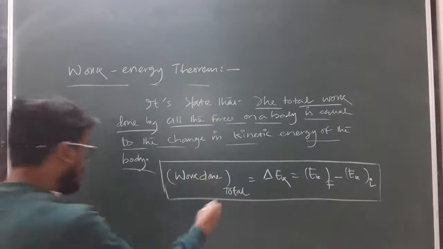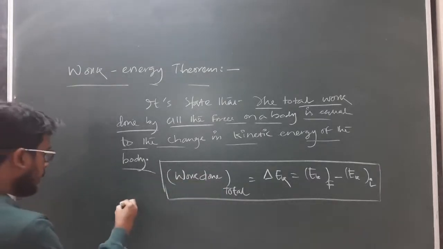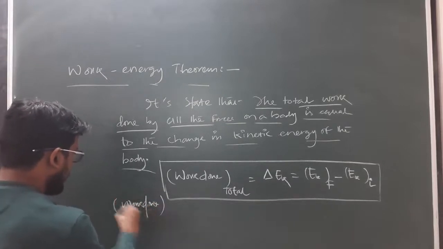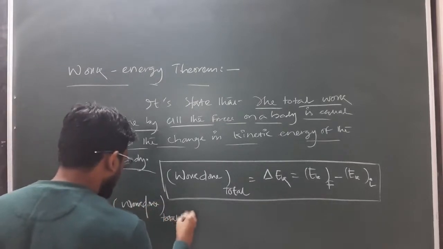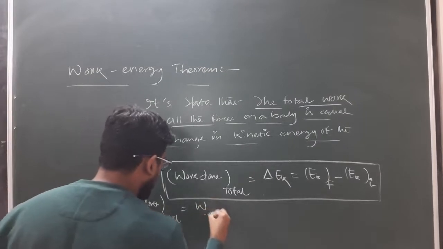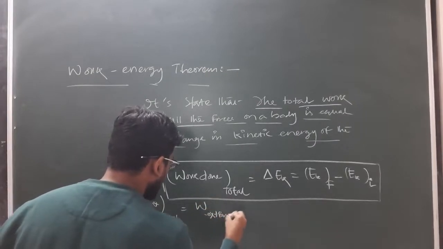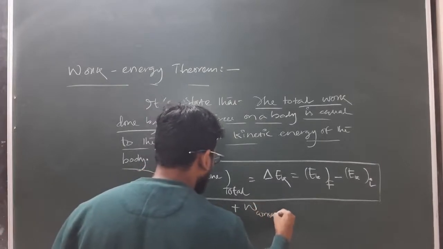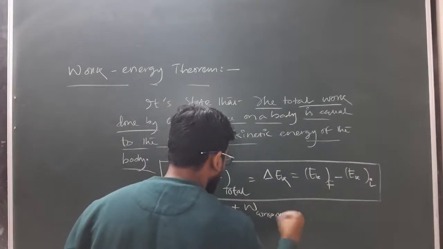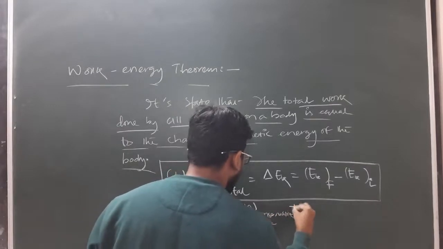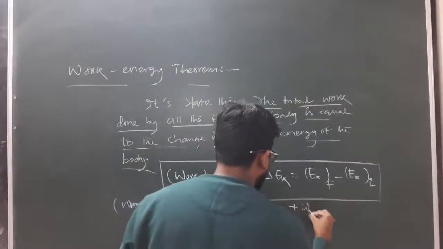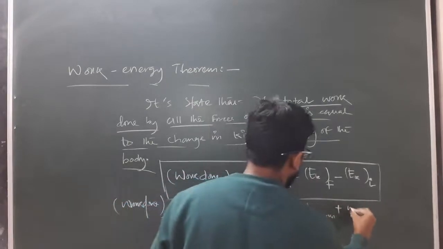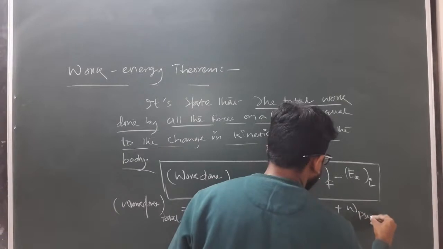And what is total work done? Here we can write work done total equal to work done by external force plus work done by conservative force plus work done by non-conservative force plus work done by pseudo force, if there is any.